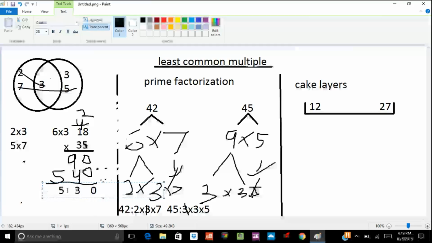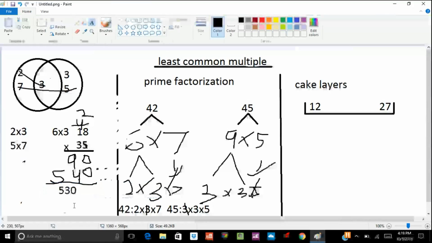So this is our answer: 530. That's a lot. Well, I think that's how we're supposed to do it. So our least common multiple is 530.